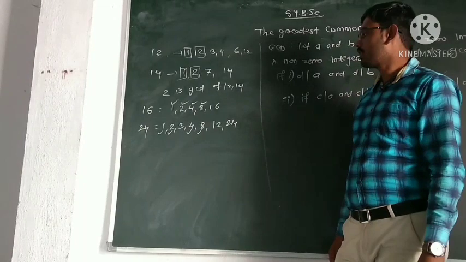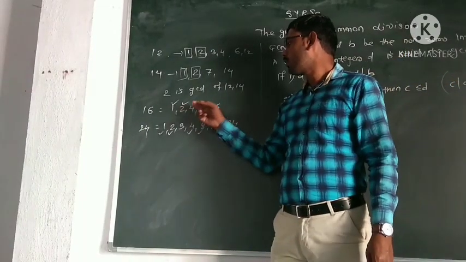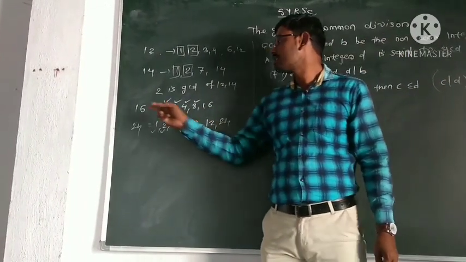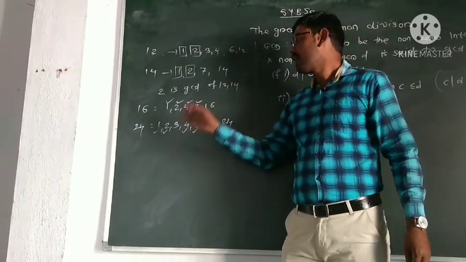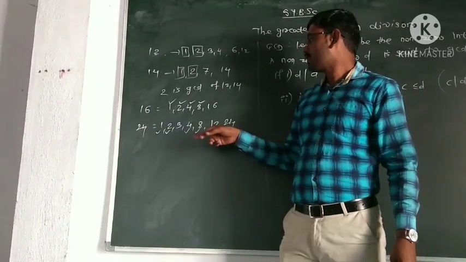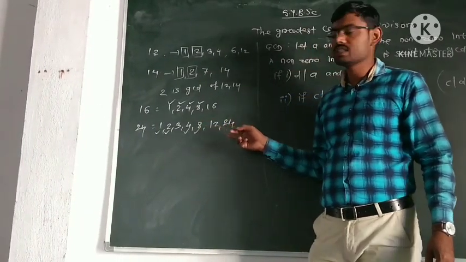Now 1, 2, 4, 8 are the common divisors of 16 and 24, because 1, 2, 4, 8 divide 16 and also 24. But the greatest among these is 8. So 8 is the GCD.